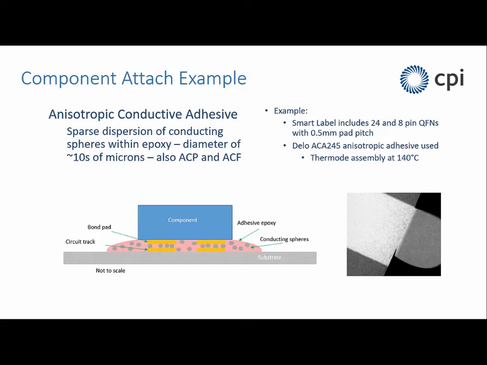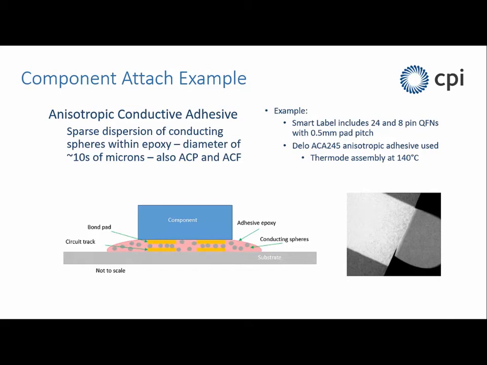The anisotropic version is somewhat more complex in its appearance and how it works, but it works in a very clever way. With isotropic adhesive and with solders, you have to provide a small amount of solder per pin or adhesive per pin. You have to make sure you don't get shorts between them. Anisotropic, you don't have to worry about that.